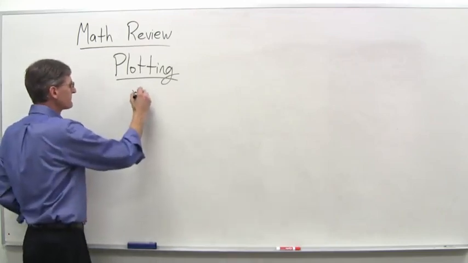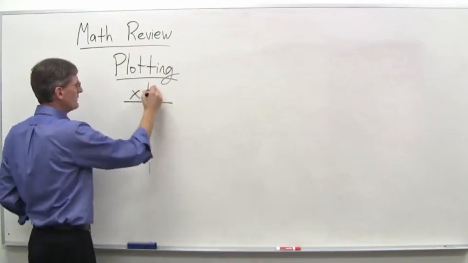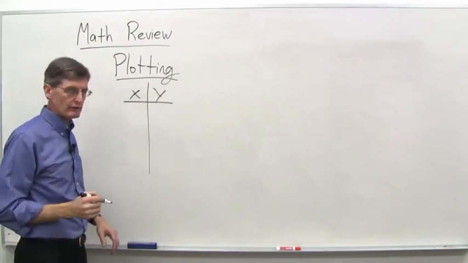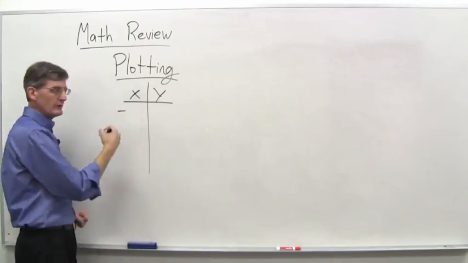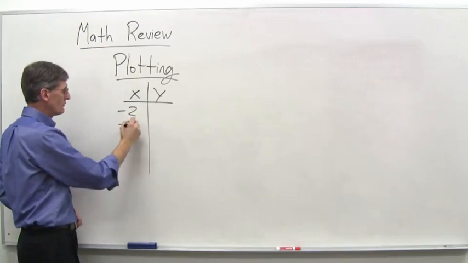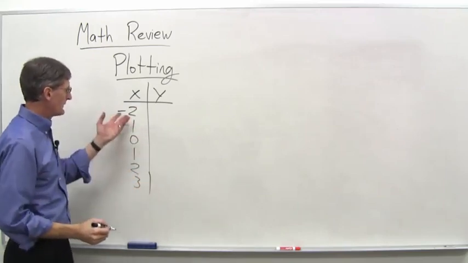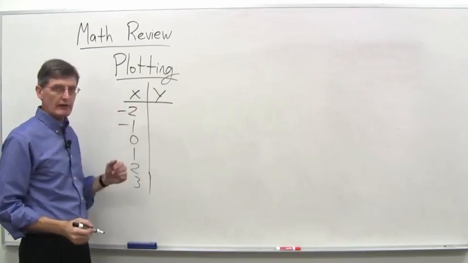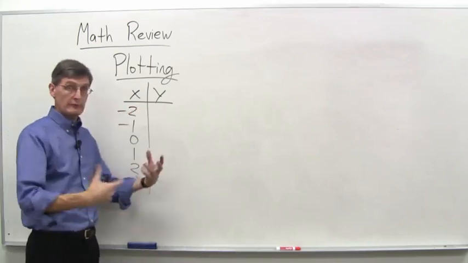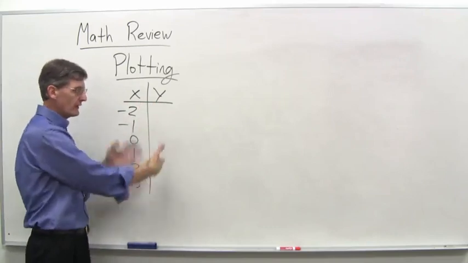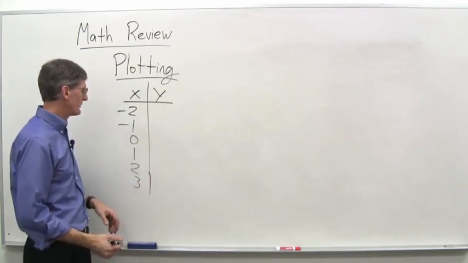If you've got, we'll use x and y now, some x and y values. So maybe the values for x, often we choose these, maybe -2, -1, 0, 1, 2, 3. And given x, we can find a value for y, or maybe they're just given. Maybe there's some experimental data, and we know the x and y values, and we just want to plot them.